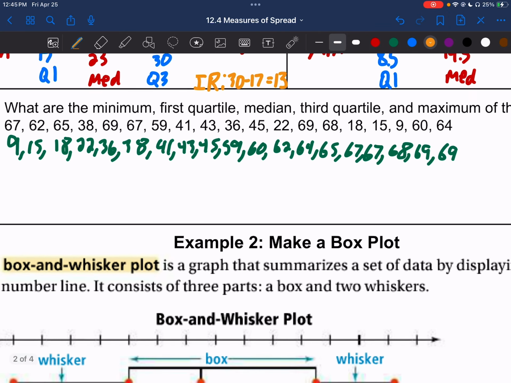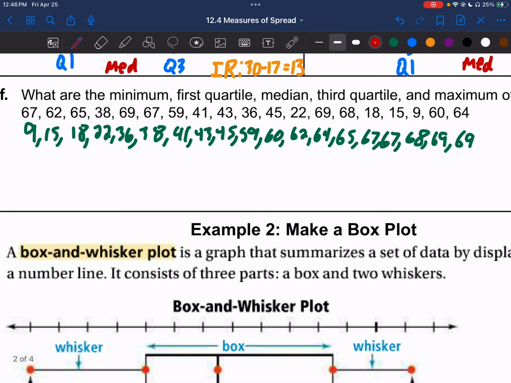Our last data set, it's a large one. We find our min. We have our max. There are 19 total values, so we count to the 10th one, and it's that one right there. There's our median, 59. And then on the left of that, we have 9 values, so the median of that is 36.